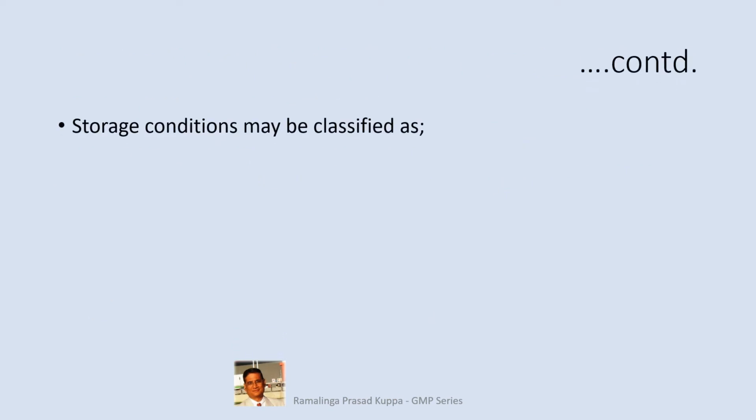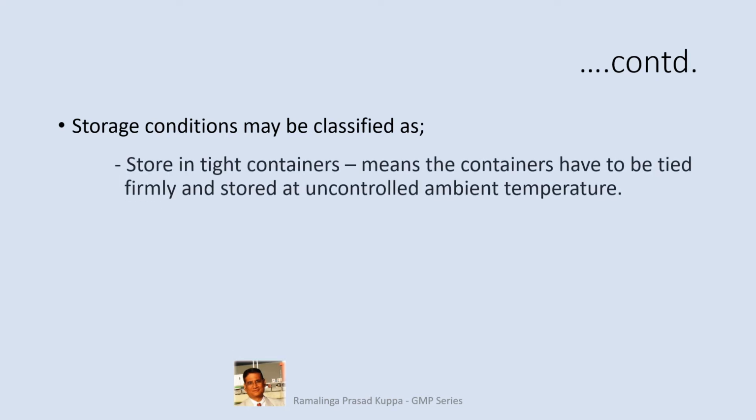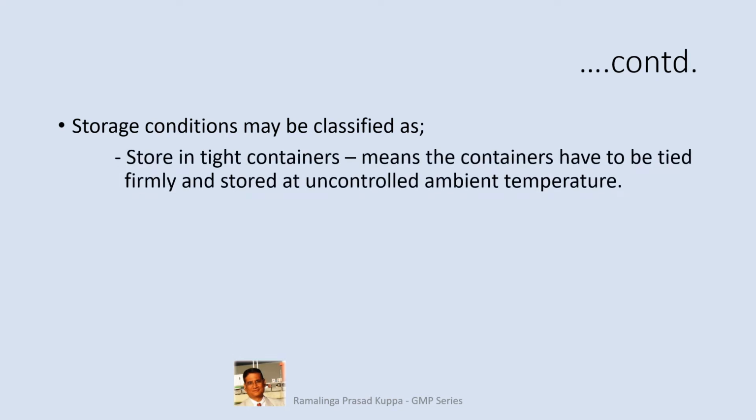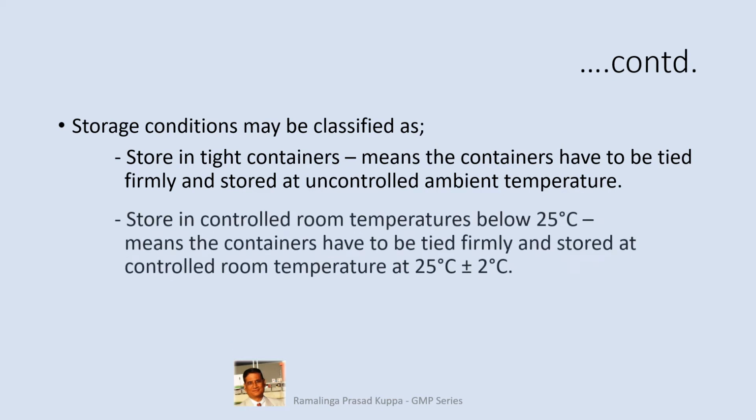Storage conditions may be classified as store in tight containers, which means the containers have to be tied firmly and stored at uncontrolled ambient temperatures. These are general storage conditions. Such materials are not sensitive to variations in storage temperature or humidity conditions.